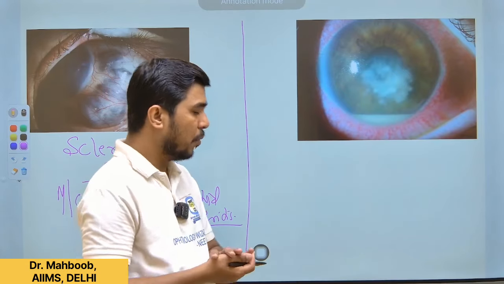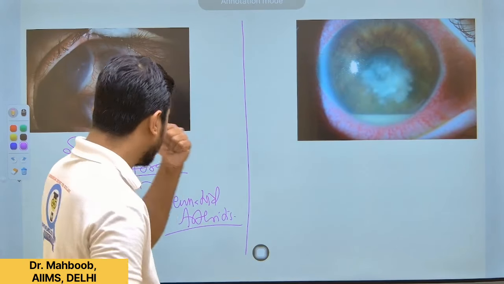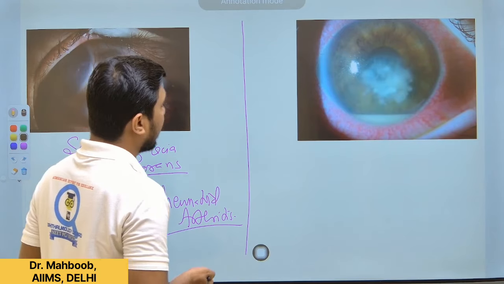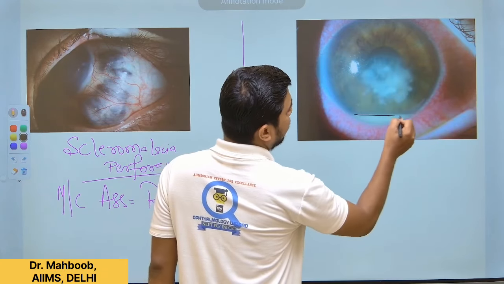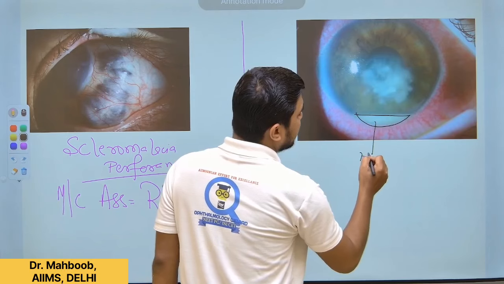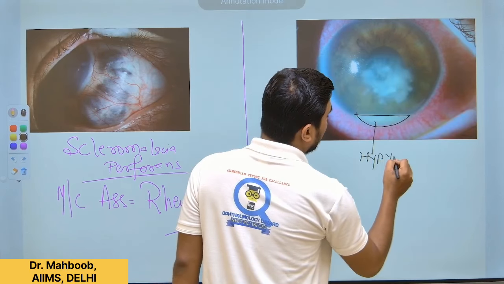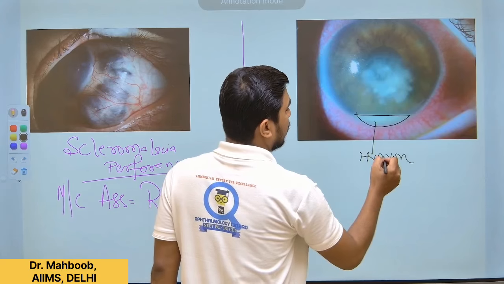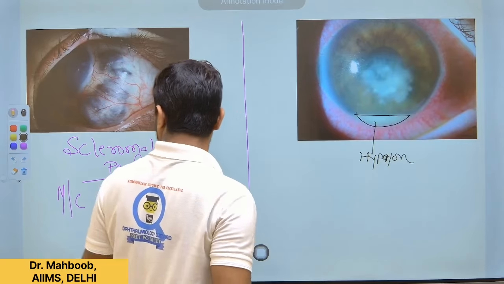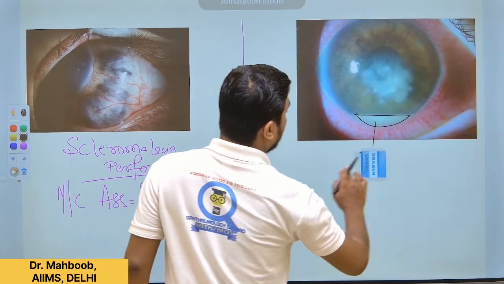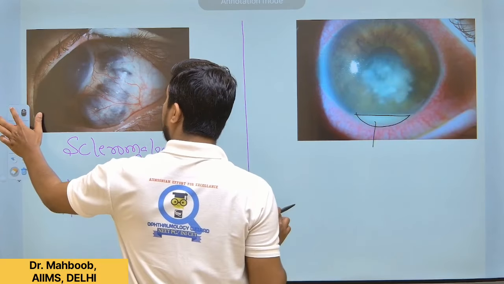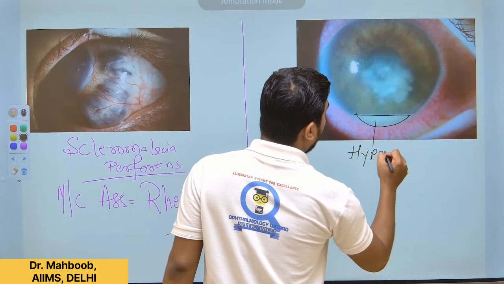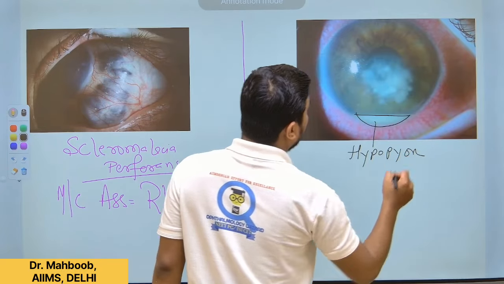Coming to this photo, can you see this? What can you see here? चलो बताते हैं ये क्या है. This is hypopyon.